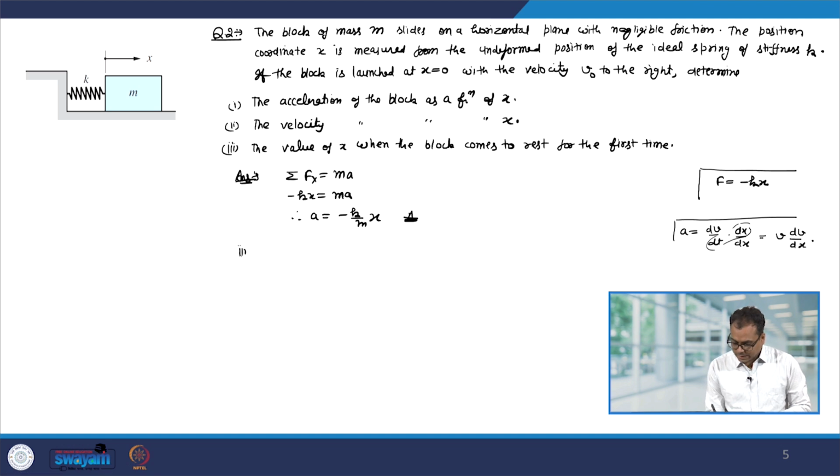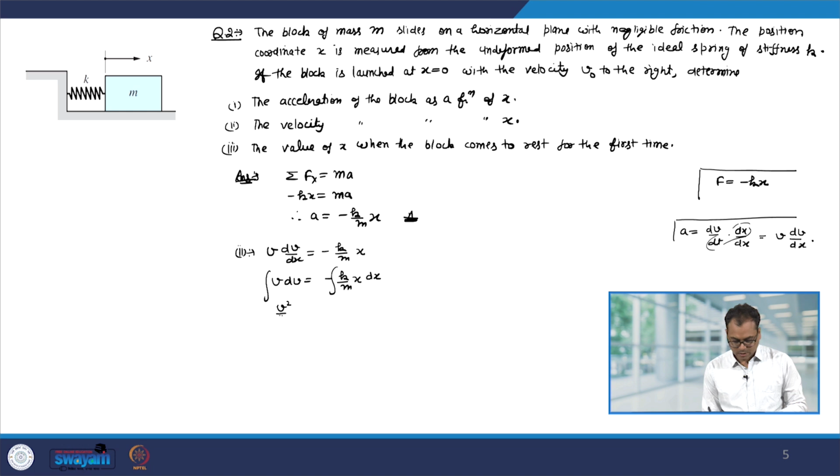So, for the second part, let me use this relation v dv by dx equal to the acceleration which we have found, minus k over m into x. Now, we can use the variable separable rule. So, we have v dv equal to minus k over m x dx, and let us integrate it.